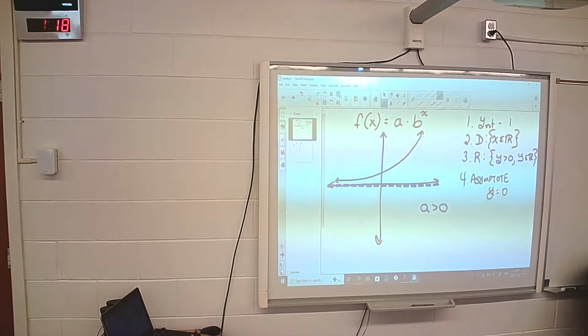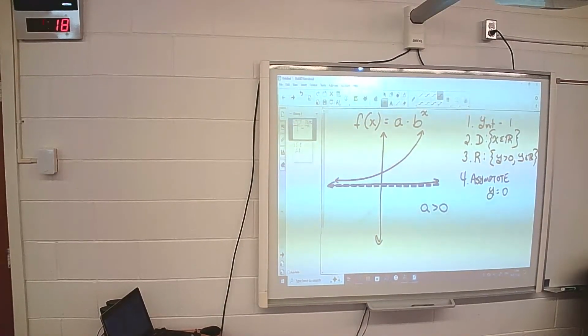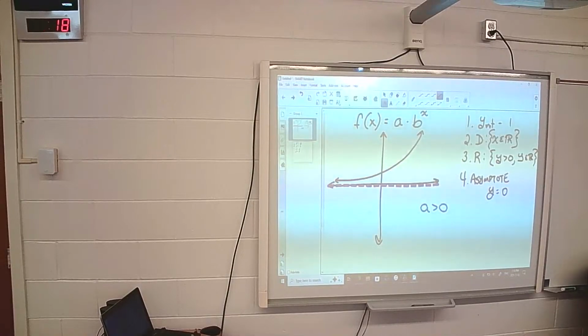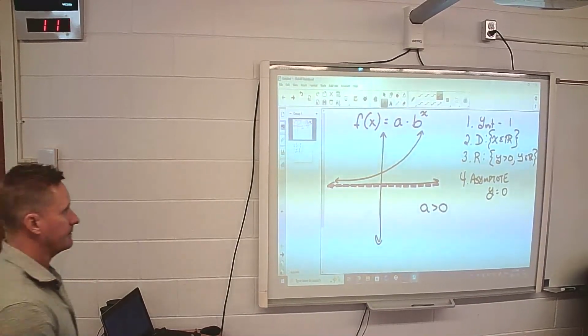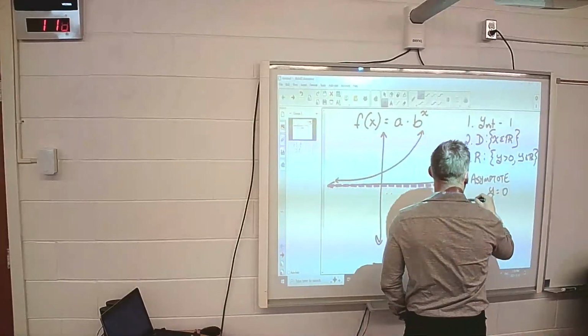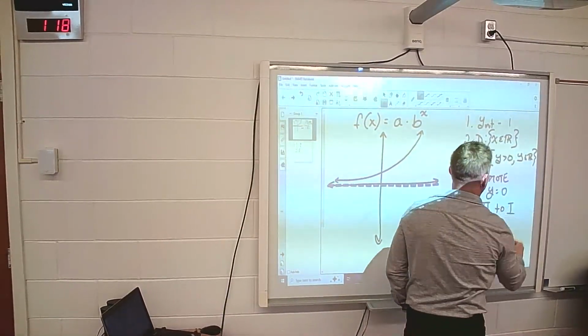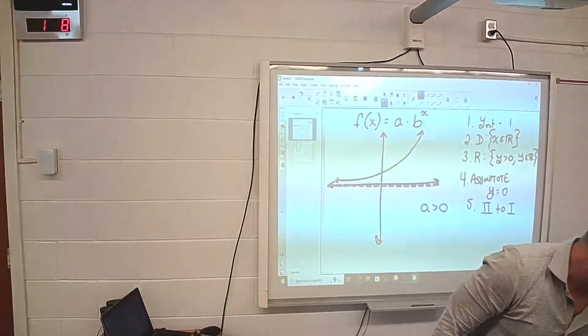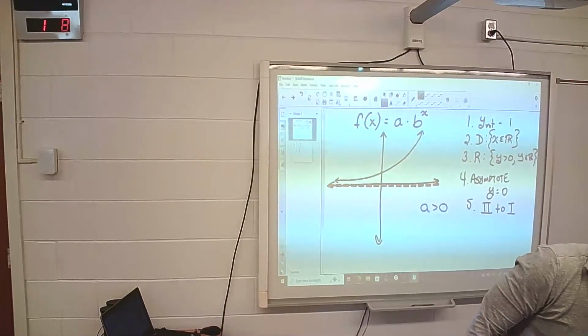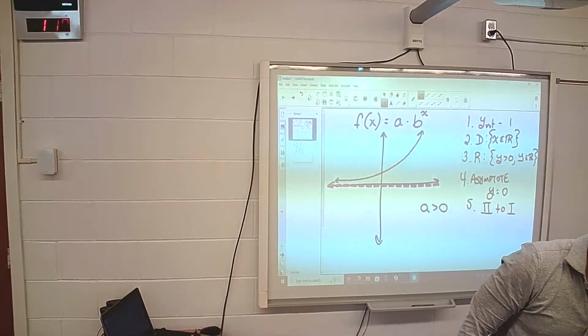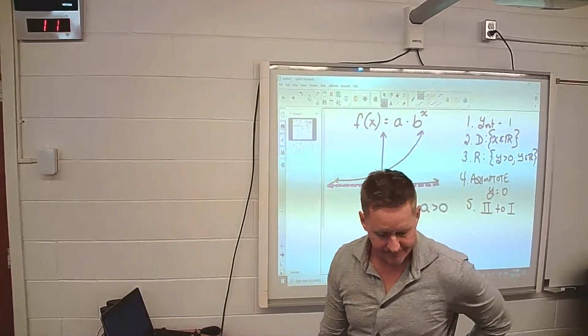Range, y is greater than 0. Asymptote at y equals 0. And behavior, let's put that in here because we're in grade 12 now. Let's add that. I'm missing one other one. I can't think of it. No x-intercepts. Okay.